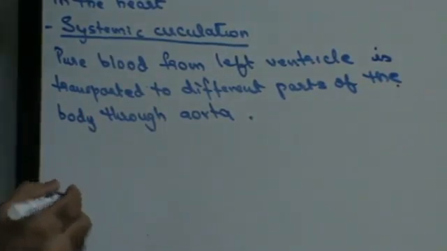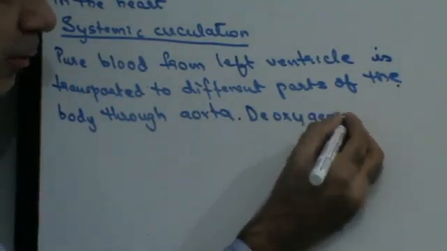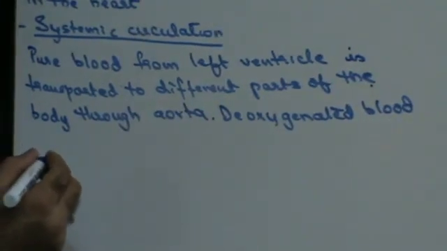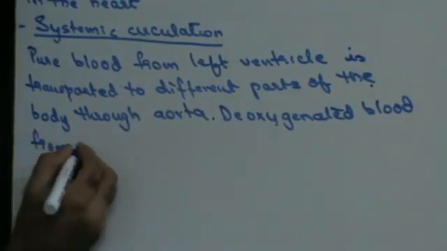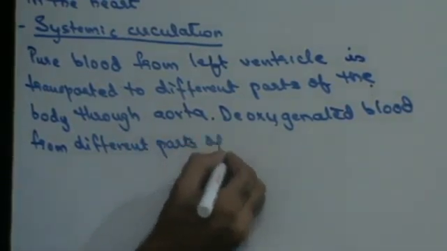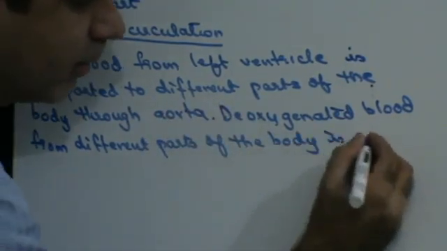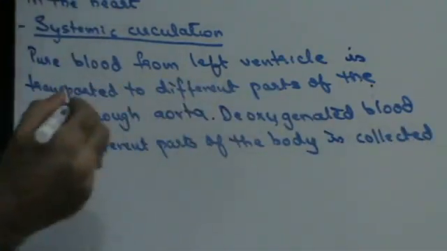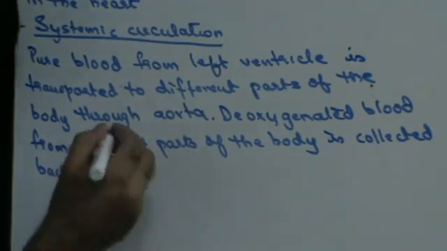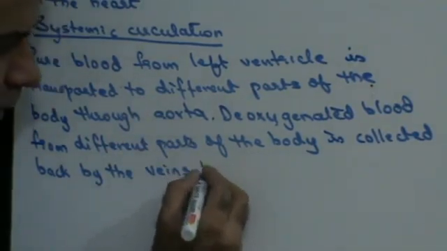The deoxygenated blood from different parts of the body is collected back by the veins to the right auricle of the heart.